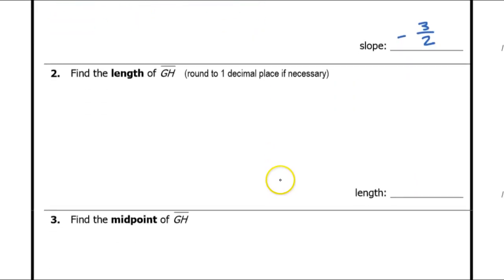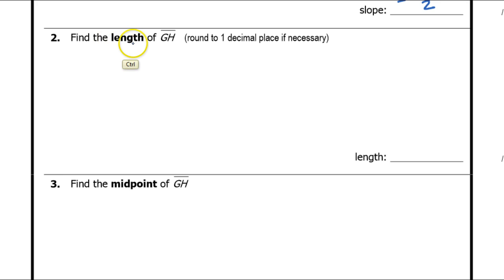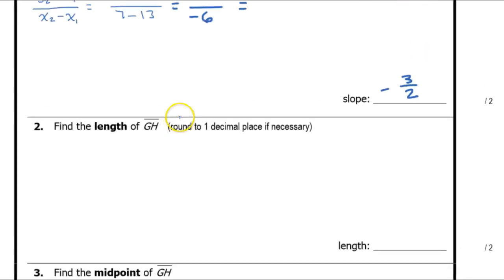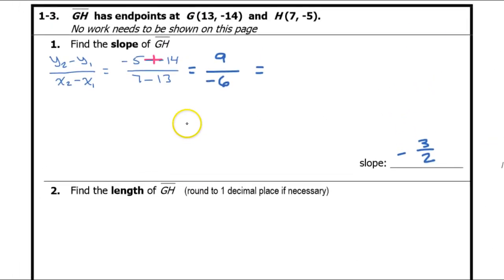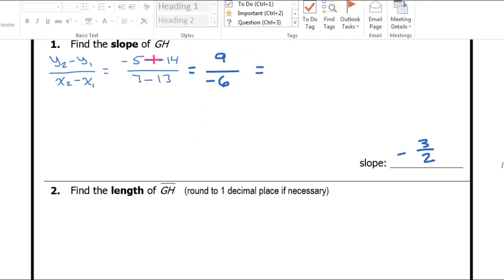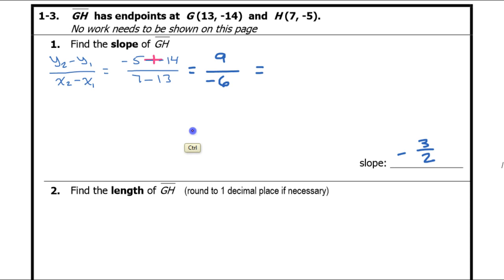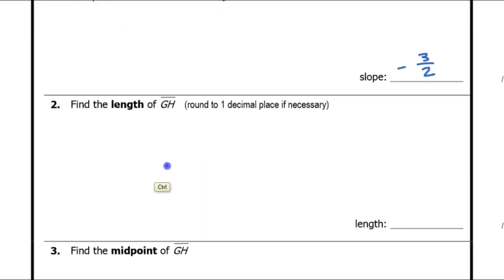Now, I have taught two different methods to find the length of a segment. One way to find the length of a segment is to do the Pythagorean Theorem. So I think I'll show that first. All right, if you want to do the Pythagorean Theorem, just draw a little model of your segment.